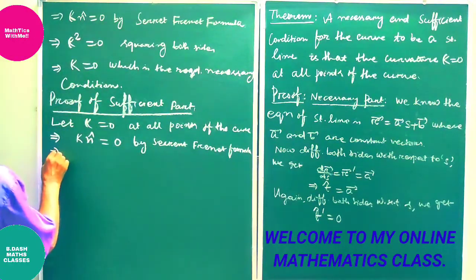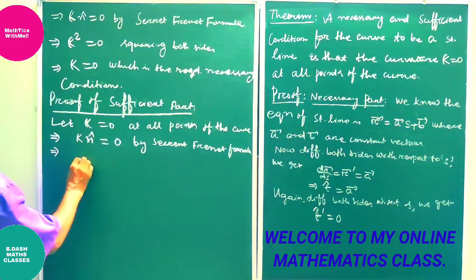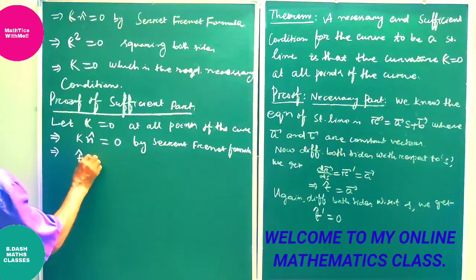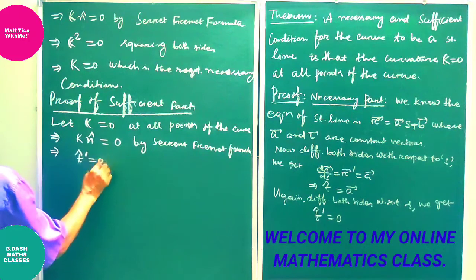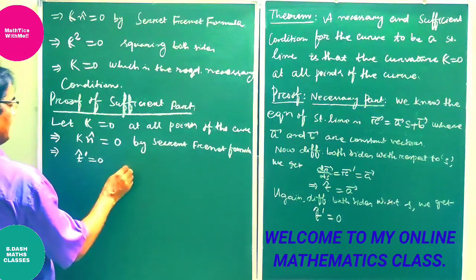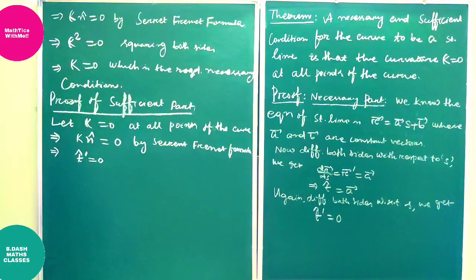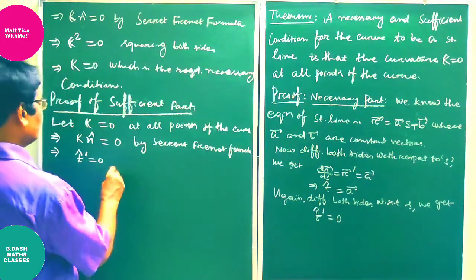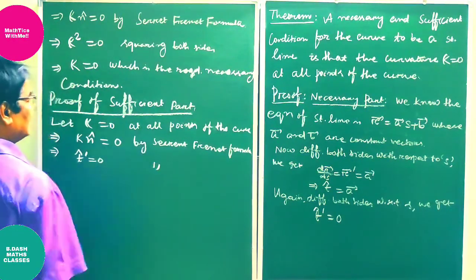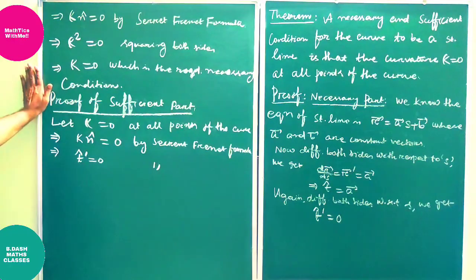So this implies T dash is equal to 0 by the same formula, because T dash is kappa N, which is equal to 0.